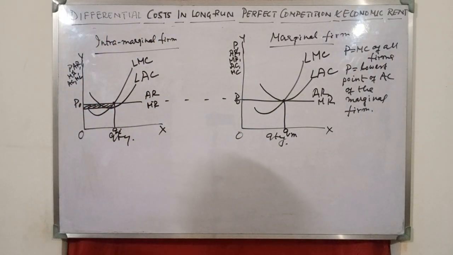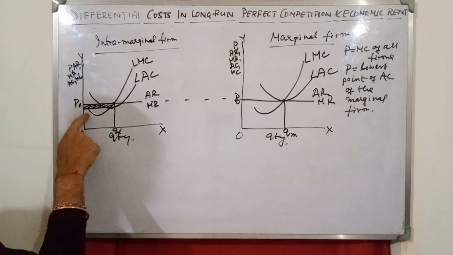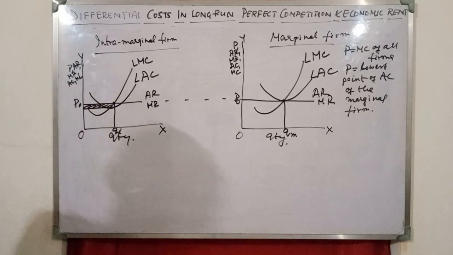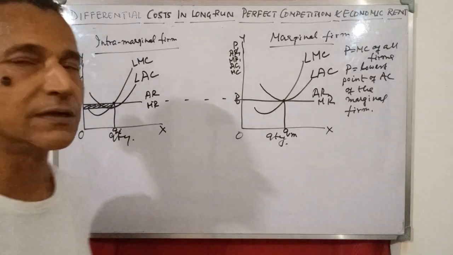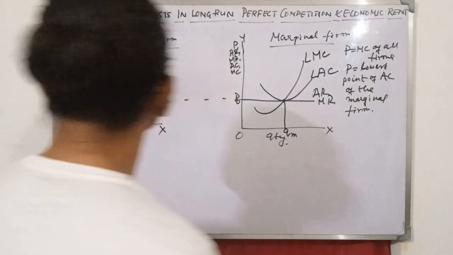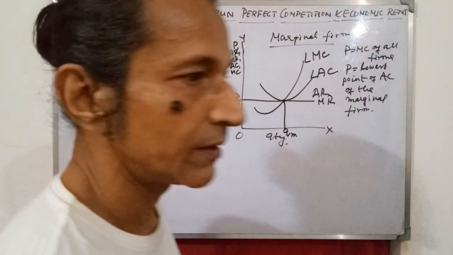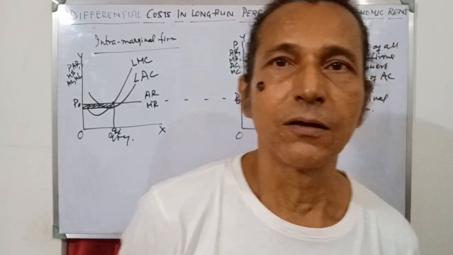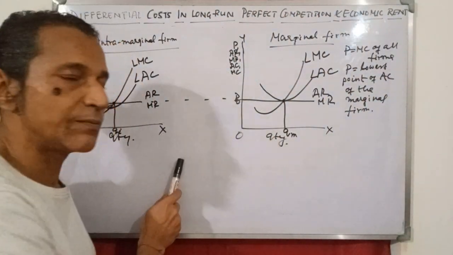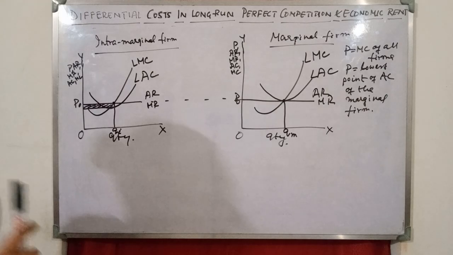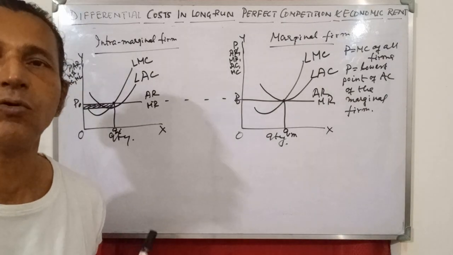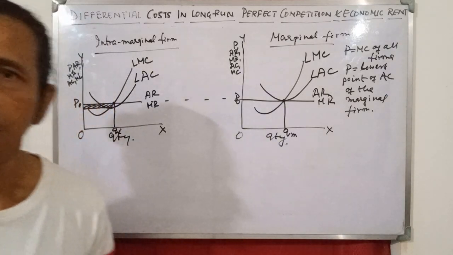Now in this video we are more interested in the supernormal profit, that is the area of this rectangle earned by the intra-marginal firm. The question is whether the supernormal profit will be wiped out or not. You see, why is the intra-marginal firm earning supernormal profit? Because the firm is employing more efficient resources.